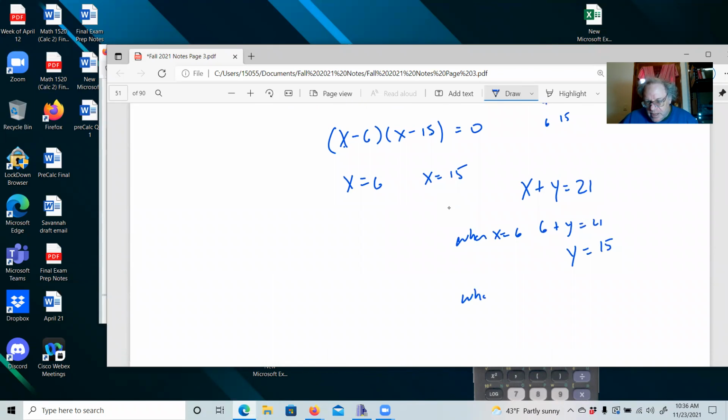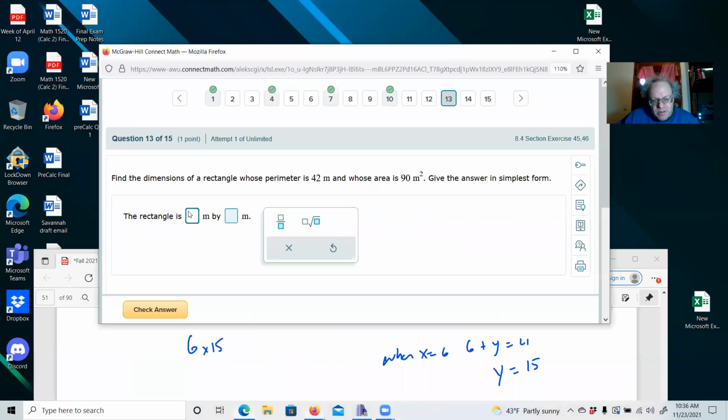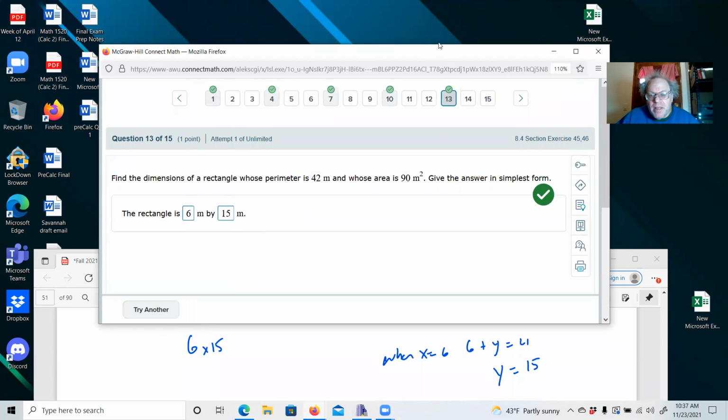And when x equals 15, we have 15 plus y equals 21, so y is equal to 6. So we have a 6 by 15 painting, or picture, or park, whatever the heck the rectangle is. So this is going to be 6 and 15, or 15 by 6, both will be correct. At least I hope they will be.